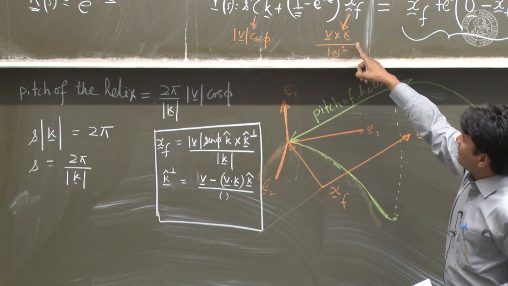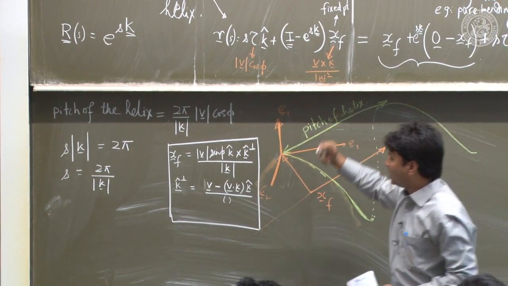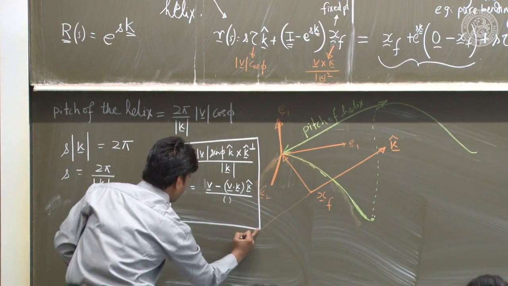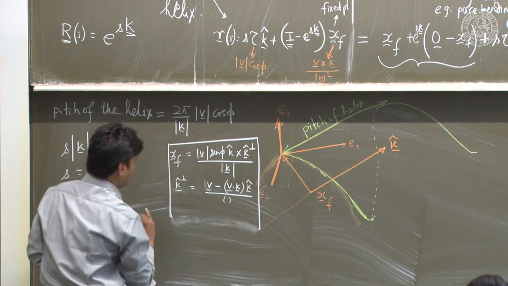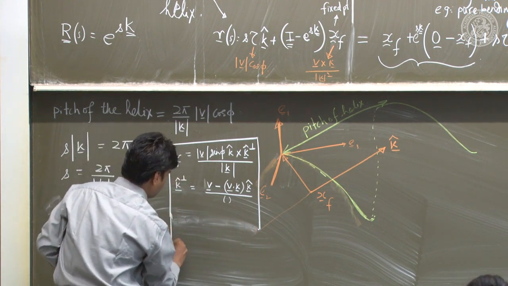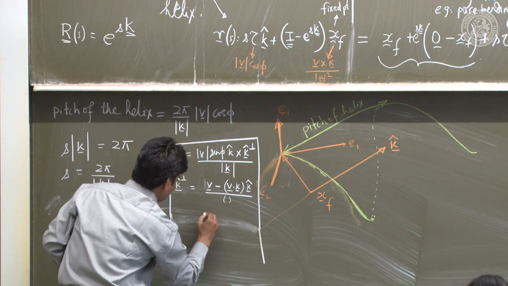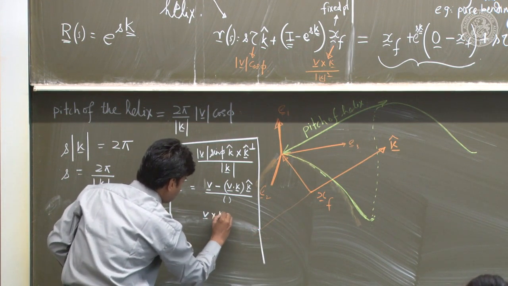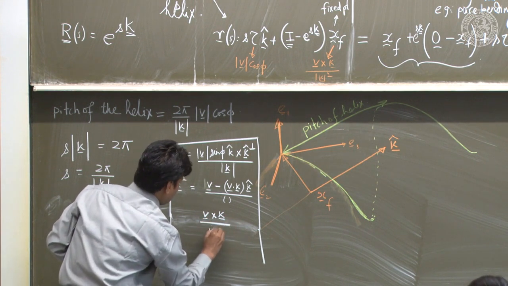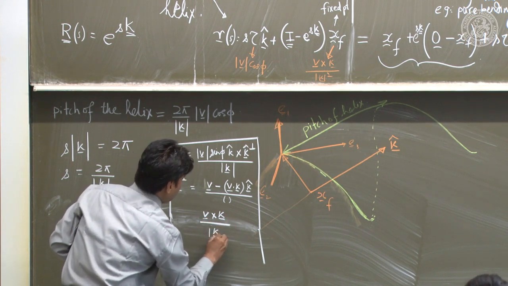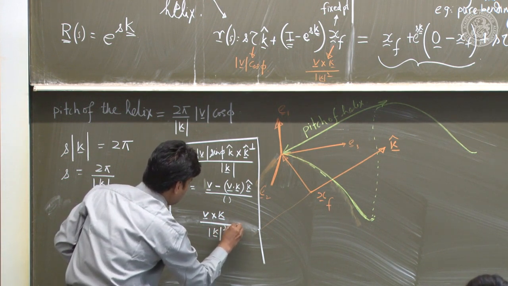V cross k. So V cross k over magnitude of k square.